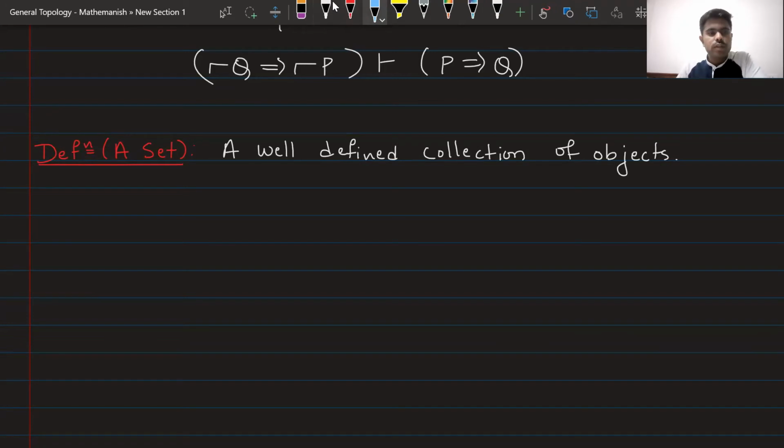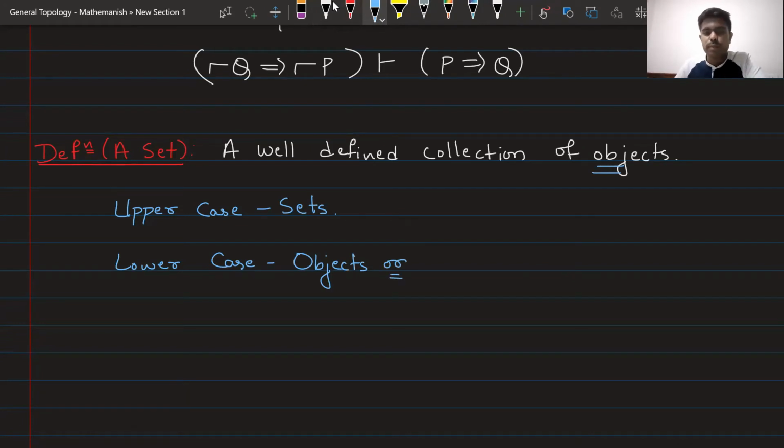In order to denote a set, we use uppercase letters, and to denote the objects of the sets, we use lowercase letters. Okay. We also call the objects of a set as members of the set.